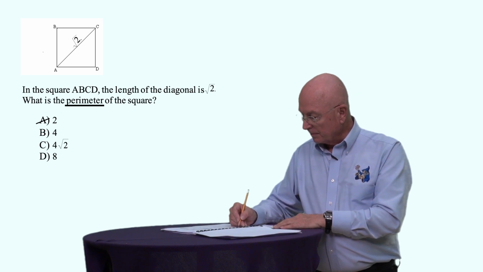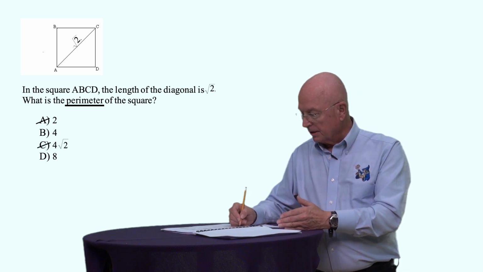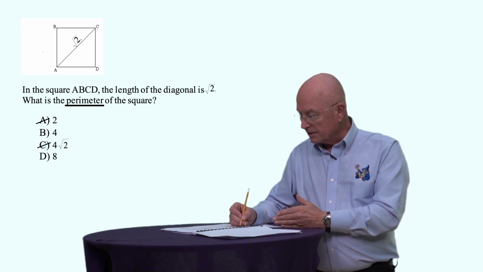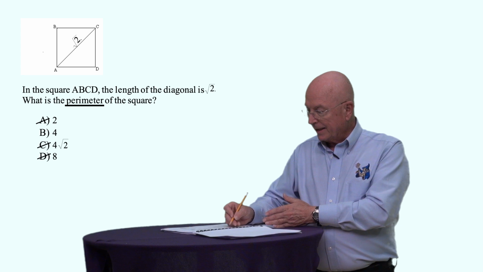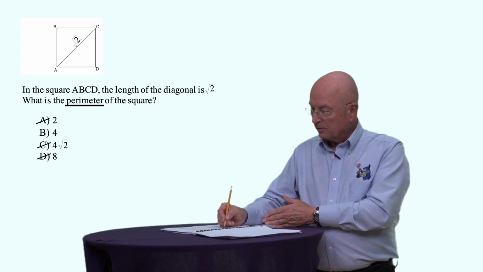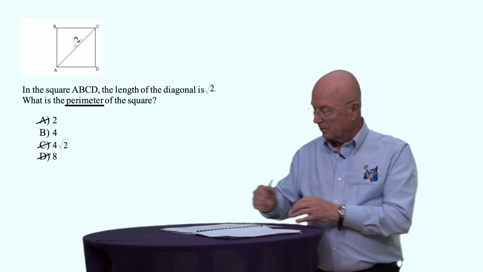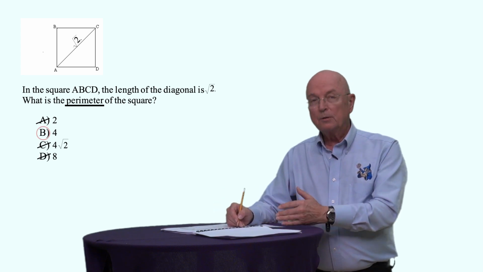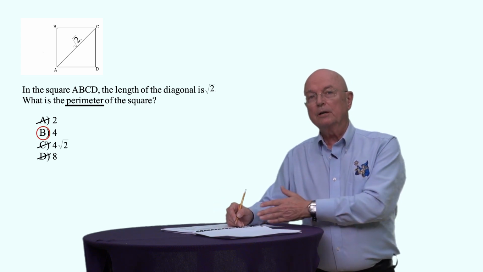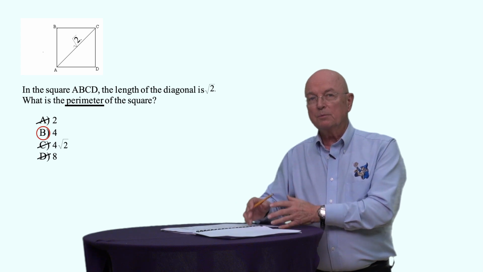So C is too big, and if C is too big, because we know the answers are in ascending order, we know that D is too big because 4 times 2 is 8. So they can't be too long. They have to be less than the square root of 2. So we're all good. We circle B in the book, then we bubble it in, and we move on.